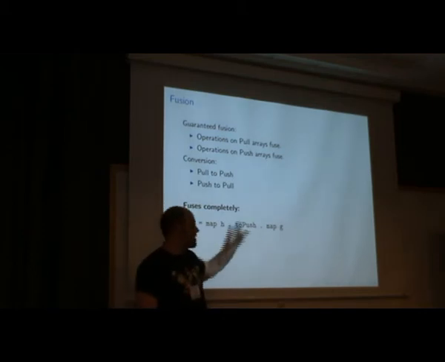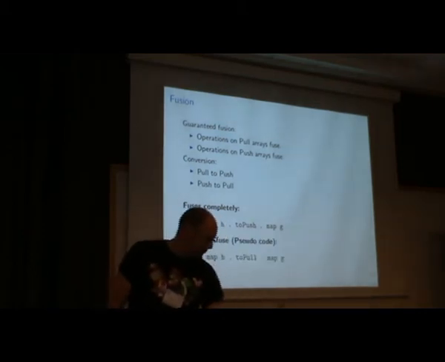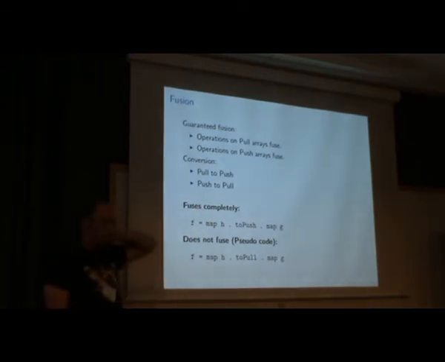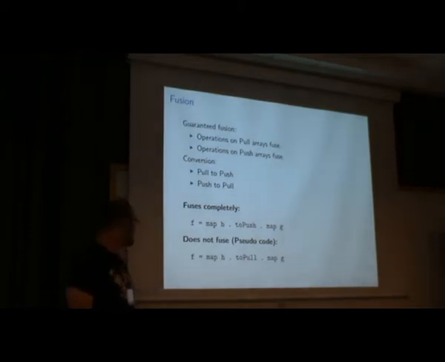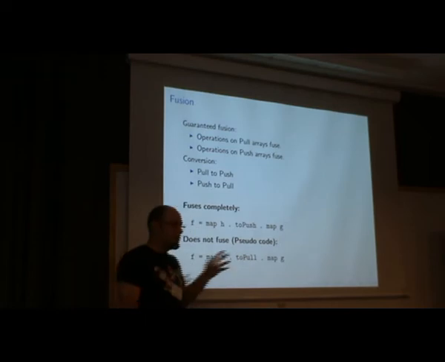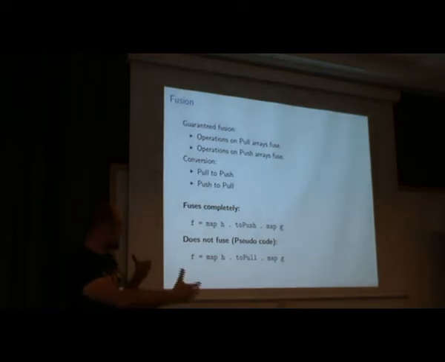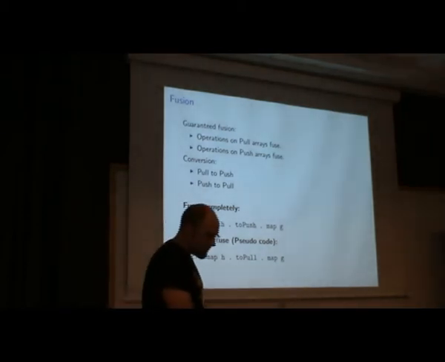There will be nothing written to memory at any point. However, it does not work so well in the other direction. This is a function that we can't really implement without writing the whole array to memory and then creating a pull array that indexes into that specified memory allocation.